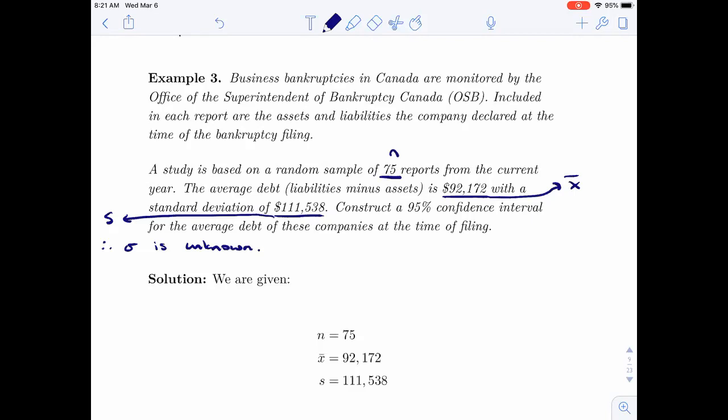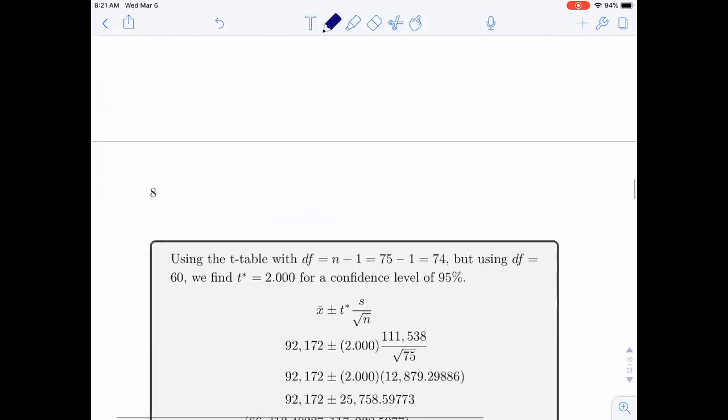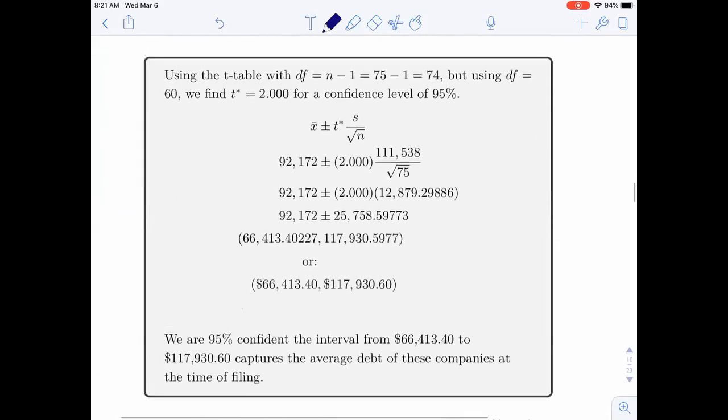Okay, so we're given n, we're given x bar, we're given the sample standard deviation. And again, in the box is everything that you need to have for full marks on a test or on an assignment.